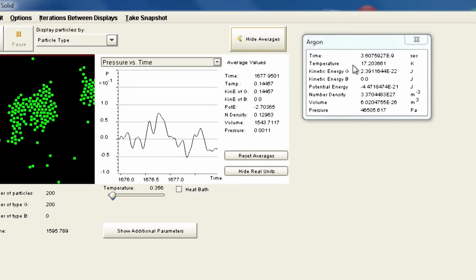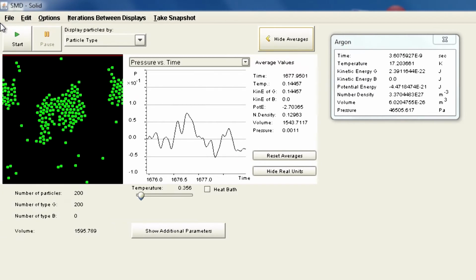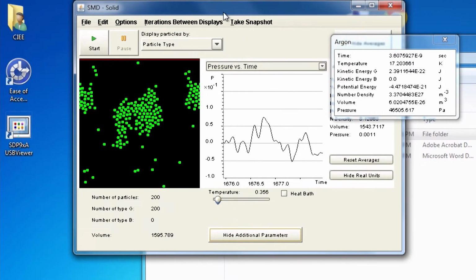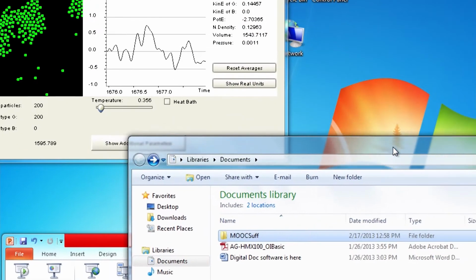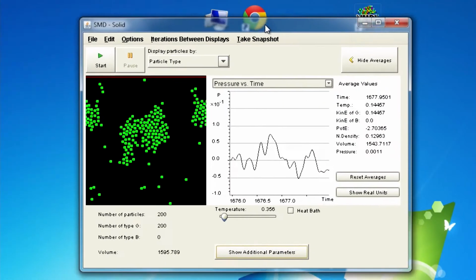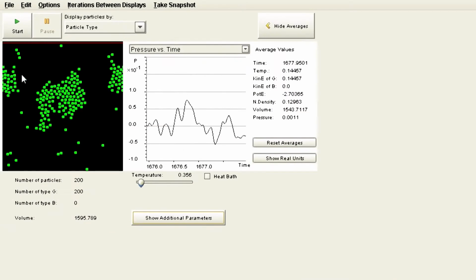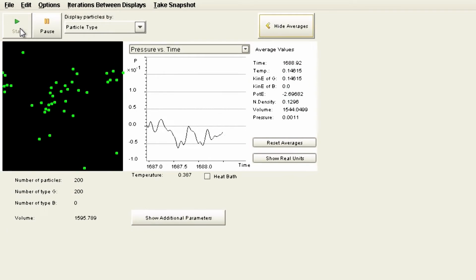So, we have average temperature, kinetic energy, and potential energy, and we do not have a bath. Temperature is falling off a little bit, moving around, and the volume is constant, and we can now see different situations. If we now change the boundary condition, we will be able to create a different situation and calculate the properties that we have been looking at.